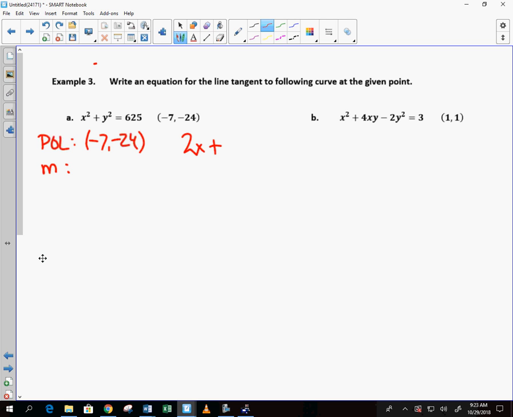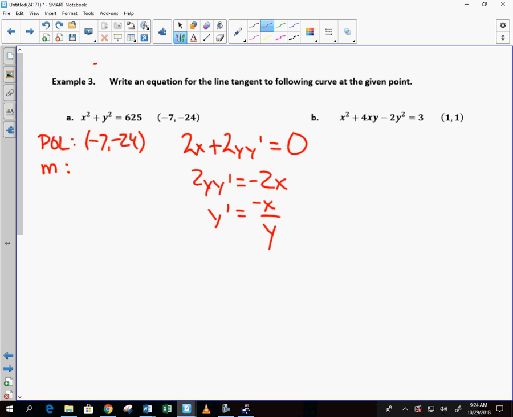2x plus 2y y prime equals 0. Many people write 625 at the end. Don't do that. 2y y prime is equal to negative 2x. Divide by the 2y. Y prime is equal to negative x over y.